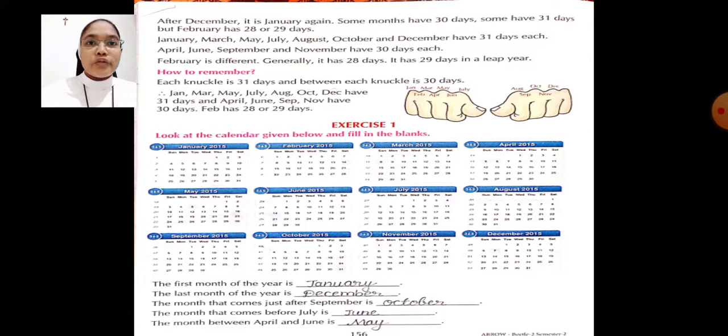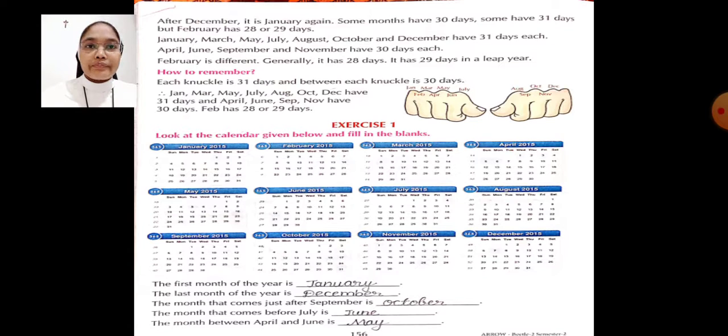April, June, September and November have 30 days each. February is different. Generally, it has 28 days. It has 29 days in a leap year.